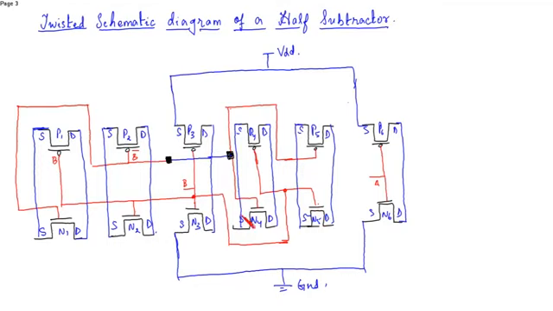From here we can bring the metal layer. This is A. So from here we'll bring the layer up to this. This is A.